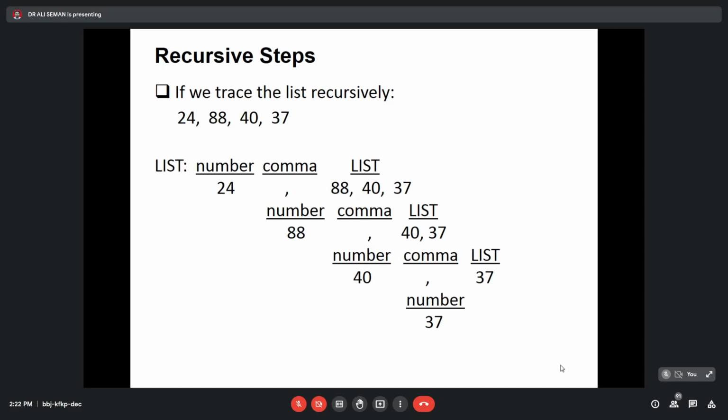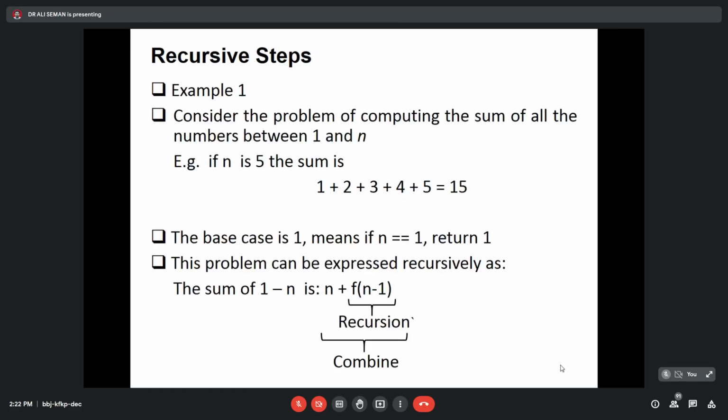Then we stop the recursion, the repetition, because we have reached the terminal case of the problem. Okay. This is the overall idea of recursive thinking, the idea of the recursive step. And this is a good example to understand the recursive step.